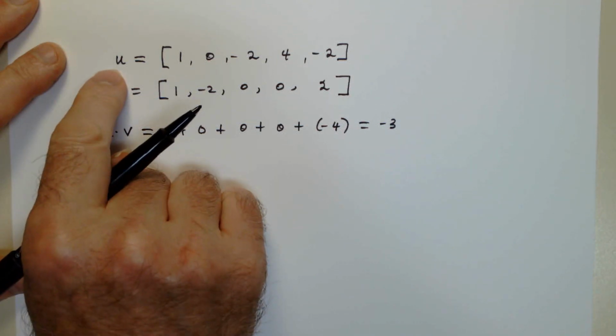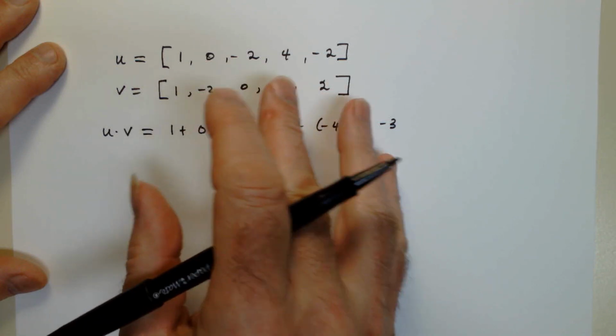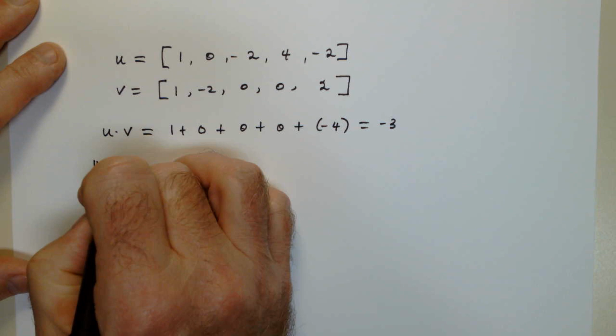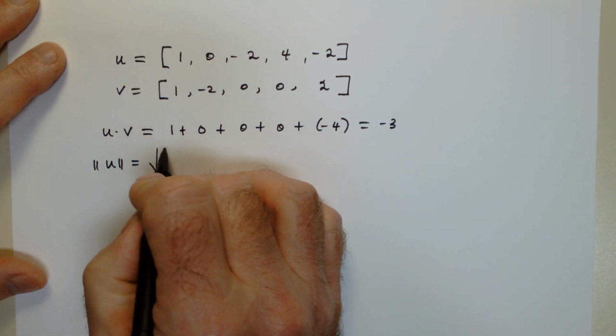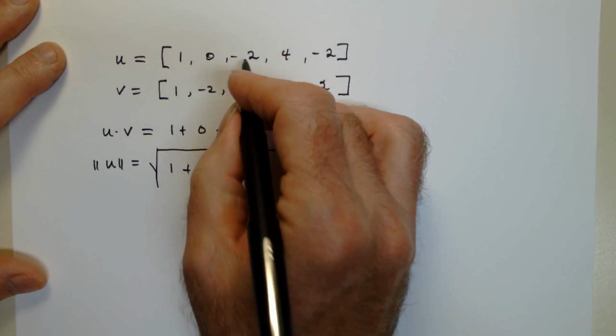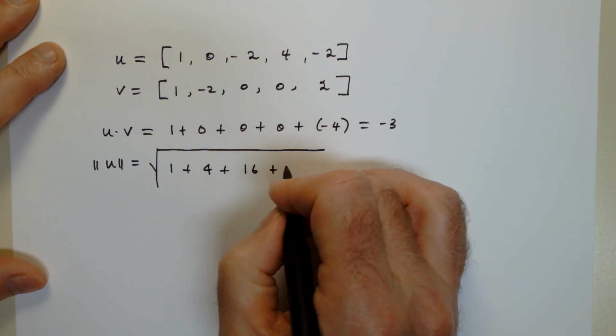Now to get the length of u, we're just going to sum the squares of the components and take the square root. So we're going to get a 1, a 0, a 4, a 16, and a 4.